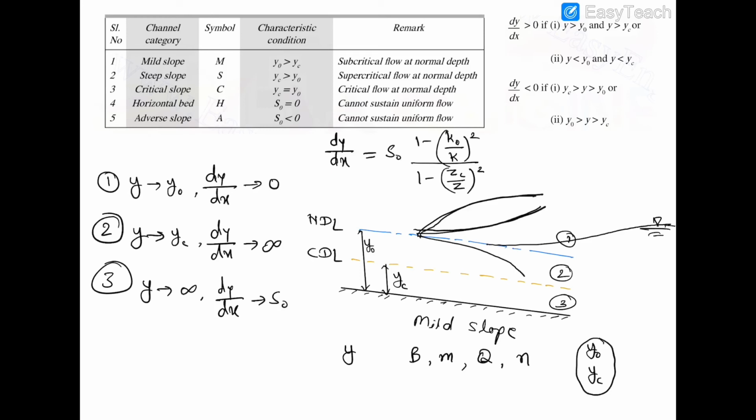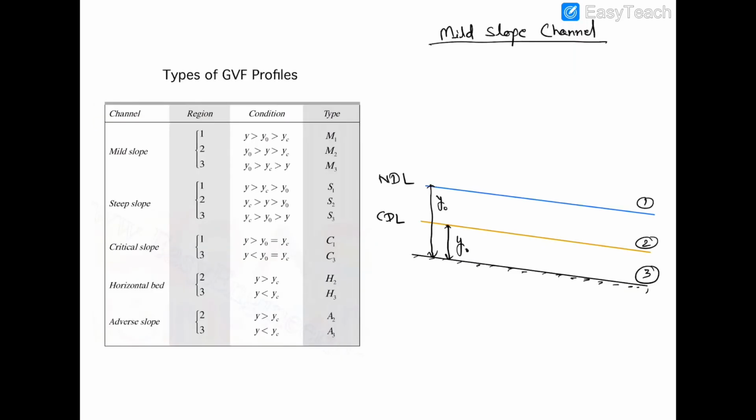Based on this information, the various possible gradually varied flow profiles are grouped into 12 types: M1, M2, M3, S1, S2, S3, C1, C3, H2, H3 and A2, A3. One by one we will look at the shape of each profile.